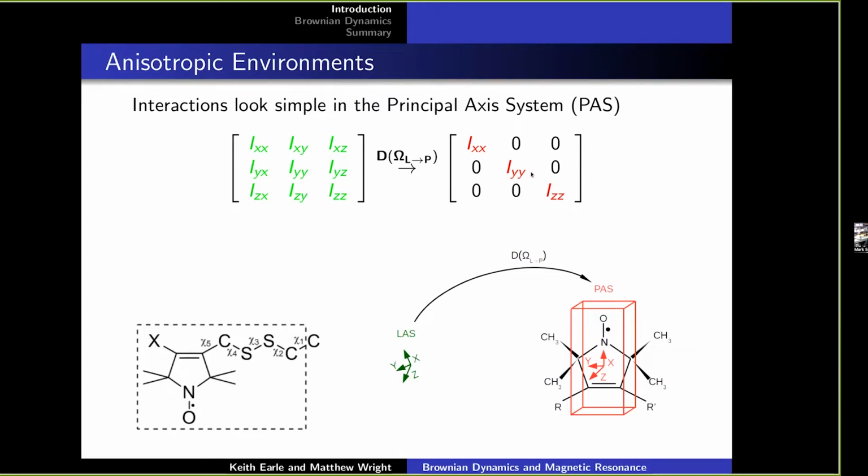For certain values of simple, this is simpler than this, because here all components contribute. So this is what the interaction might look like in the lab system. Here's what it looks like in the principal axis system. And the operator that takes us from the laboratory system to the principal axis system is a rotation operation.